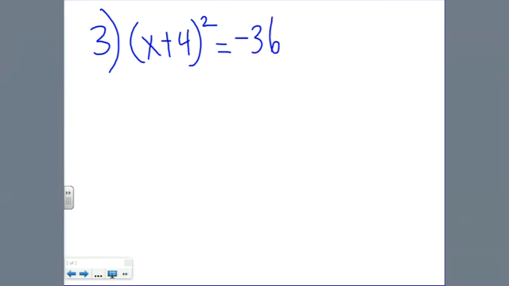Excuse me. Using the square root property, we need to get rid of the exponent. Again, think opposites. The opposite of squaring something is taking the square root of it. So we will take the square root of both sides.